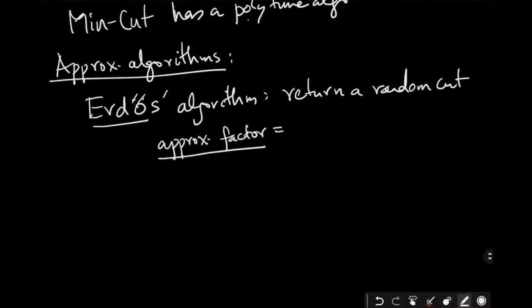In expectation, this algorithm cuts half the edges. This is something you probably see in the first class on the probabilistic method or algorithms. And because the maximum cut can never cut more than all the edges, this is a half approximation algorithm. That's great. So we have our first approximation algorithm for this problem.